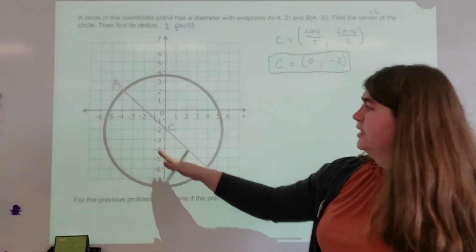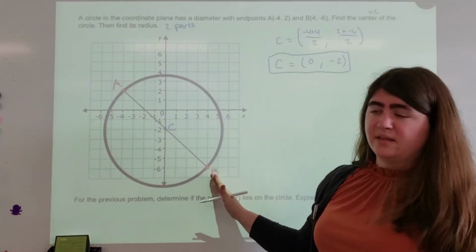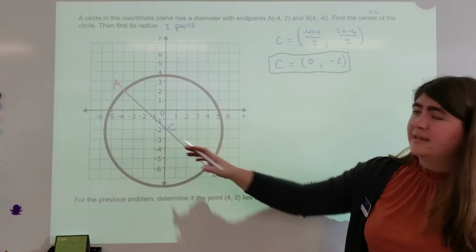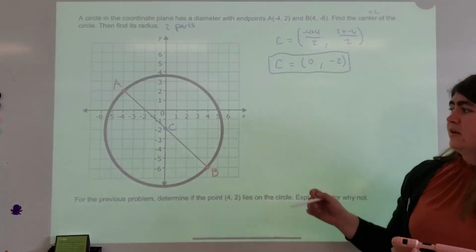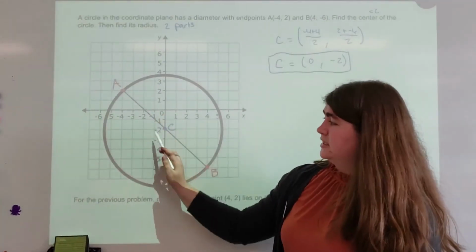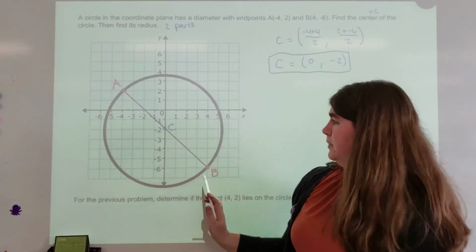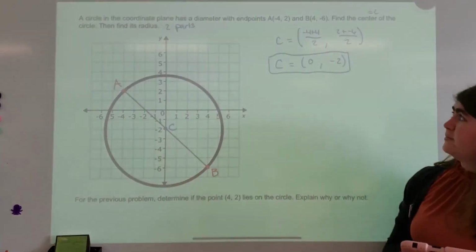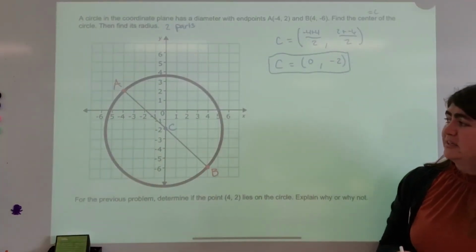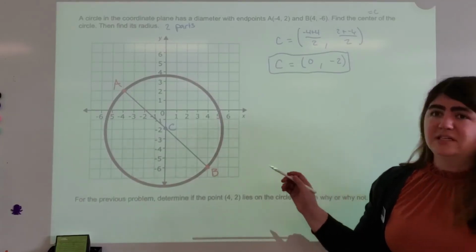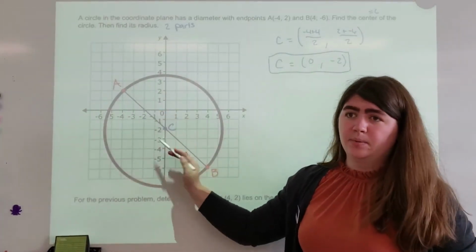So now I have A to B with my center of C. Now I want to find the radius, which is from A to C or from B to C. Either one works. To find my radius, I'm going to use my distance formula. The distance from A to C is the radius.